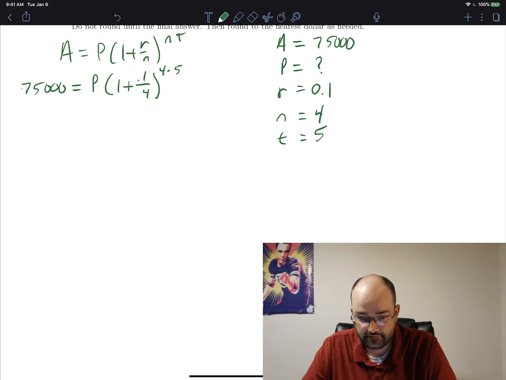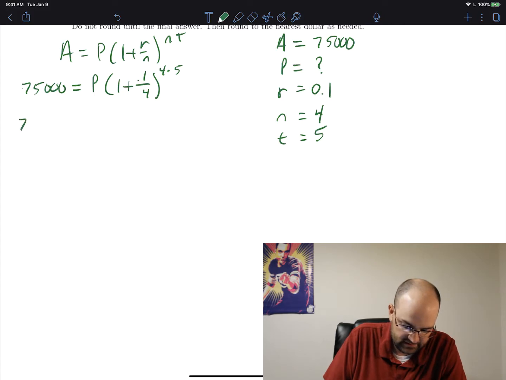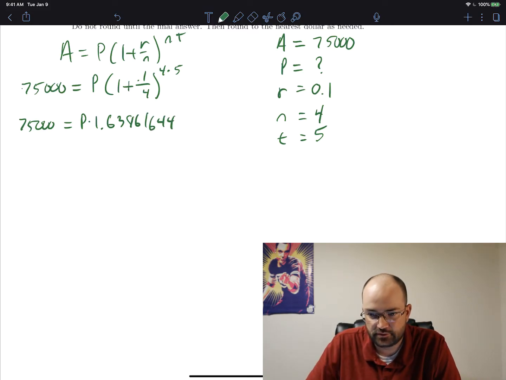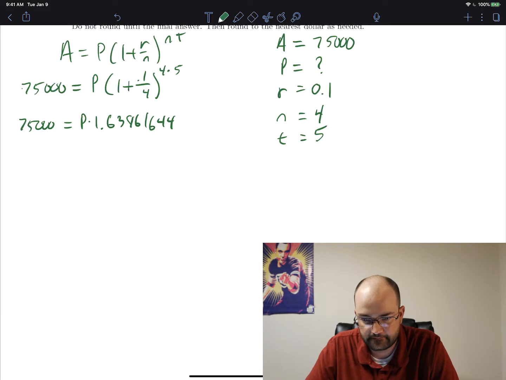So let's just figure out what that parentheses is. We get 1 plus 0.1 divided by 4, all to the 4 times 5, which is 20. That's going to give us 75,000 is equal to P times 1.63861644, and we just divide by that number. So do 75,000 divided by the answer, which is second negative.